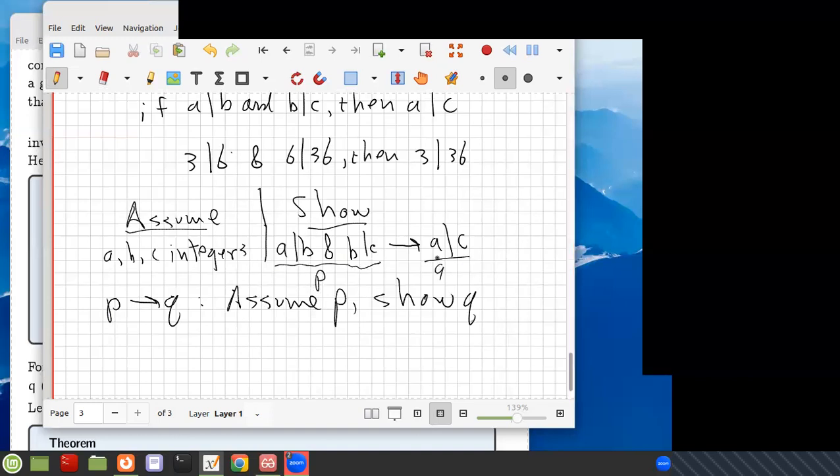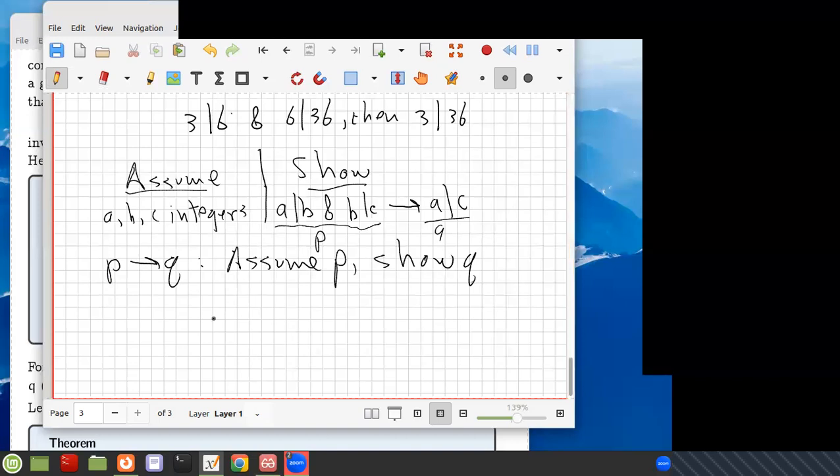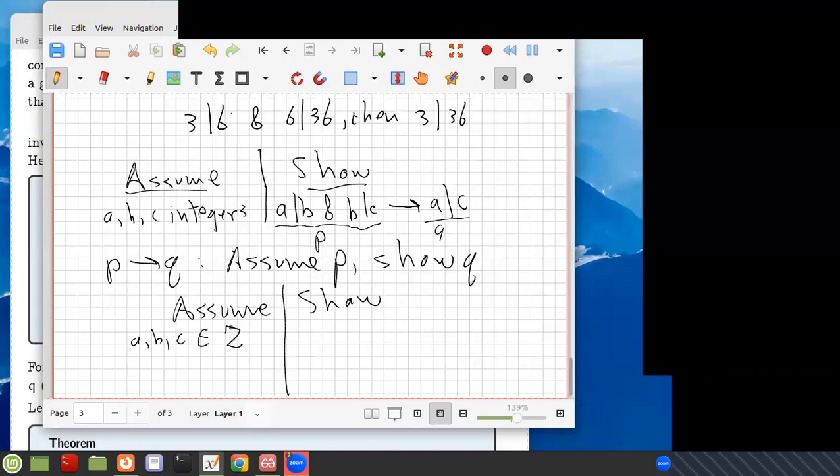So we can transform our assume and show table into: A, B, and C, I'm going to write this with symbols, are members of Z. Z is the German word for Zahlen, so that's why Z was chosen for that.